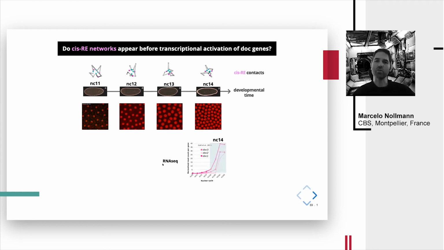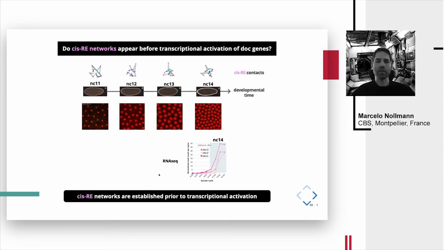And we can also look at RNA-seq data from the literature. And what we clearly see also in this case is that none of the DOC genes is expressed before nuclear cycle 14. And so from this, we can conclude that, again, these cis-regulatory interactions are established very early, at nuclear cycle 11, and this is 3 nuclear cycles before even the activation of the DOC genes starts. So the formation of these networks is prior to transcriptional activation.